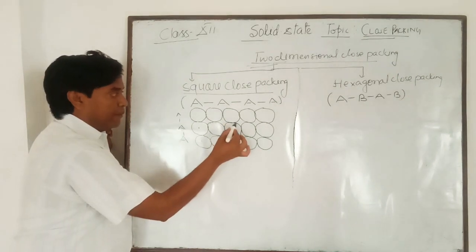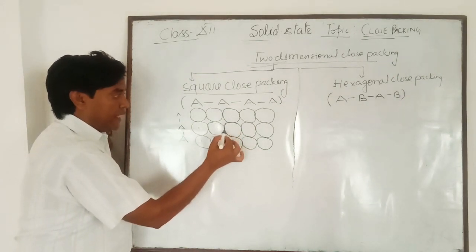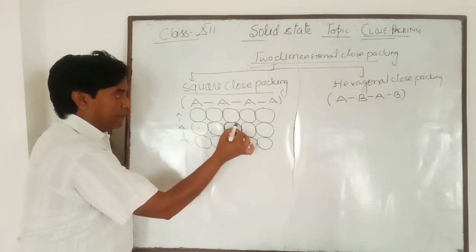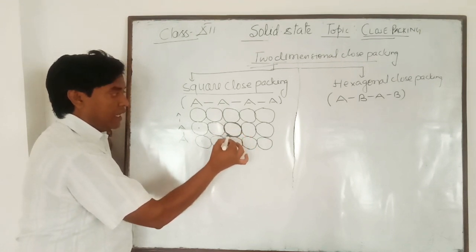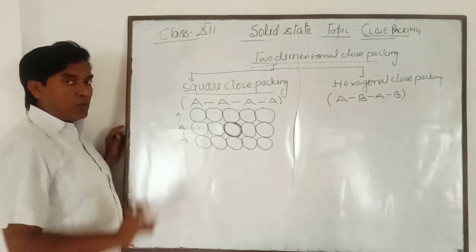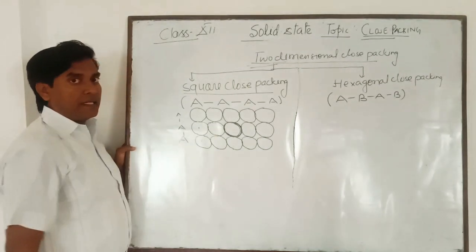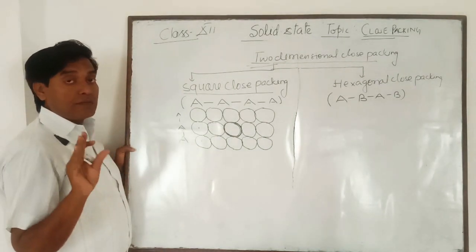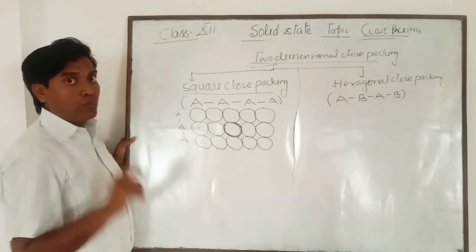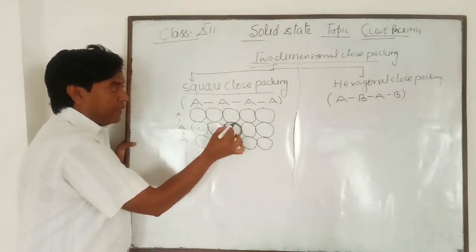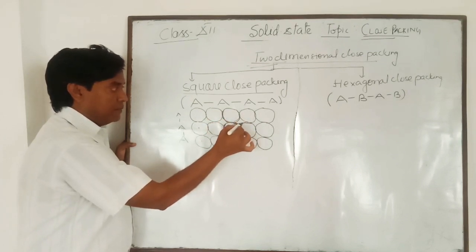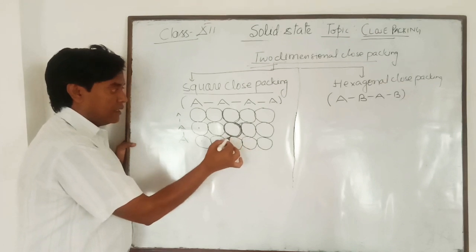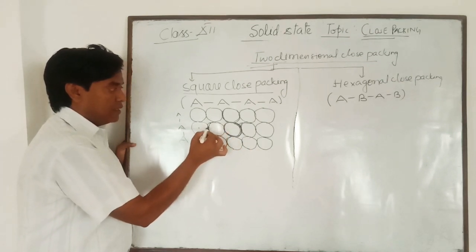Students, see this side. I am considering one atom. This is one atom or sphere or constituent particle. Now see, this constituent particle or sphere is touched by how many other constituent particles? See, this one sphere is touched by this one, second this one, third this one, and fourth this one.